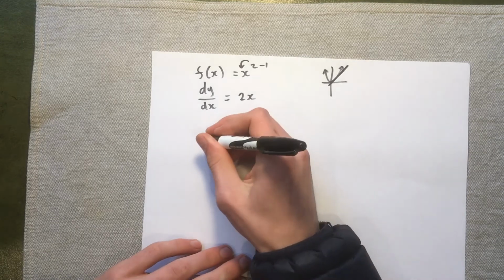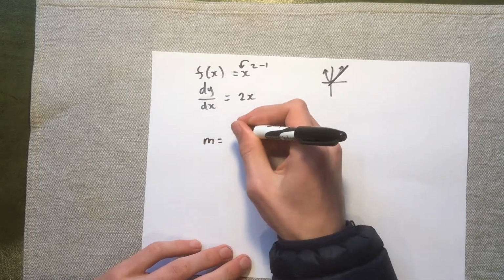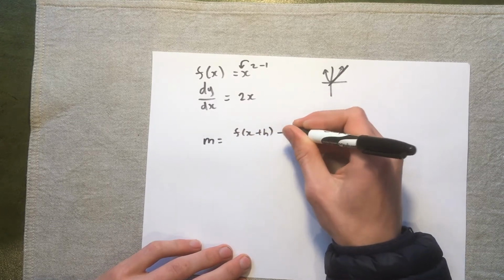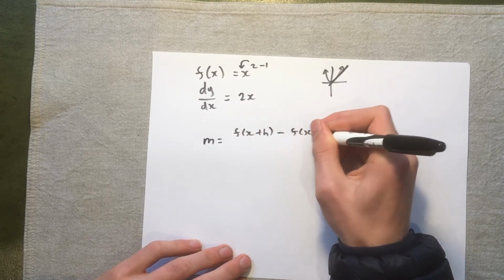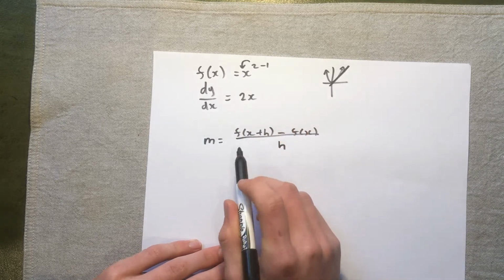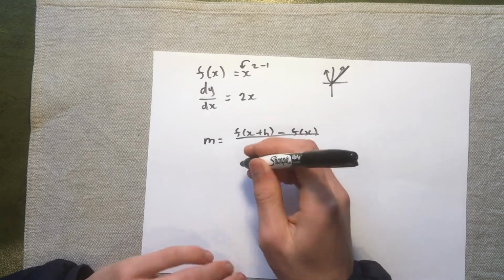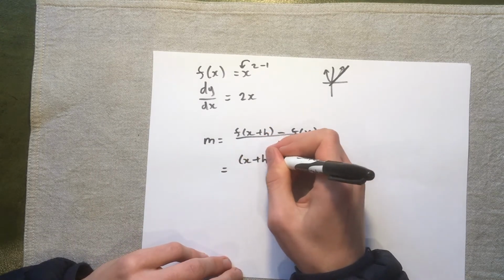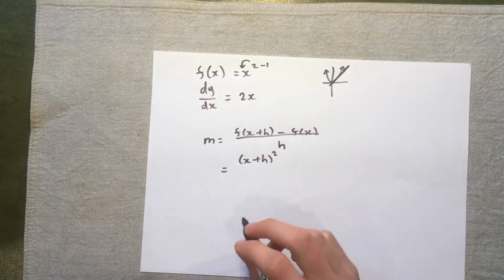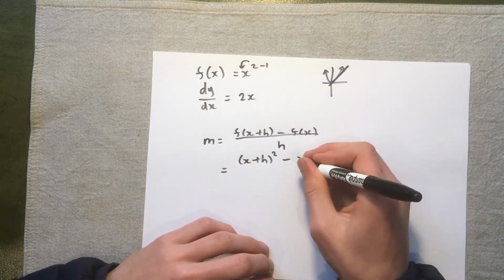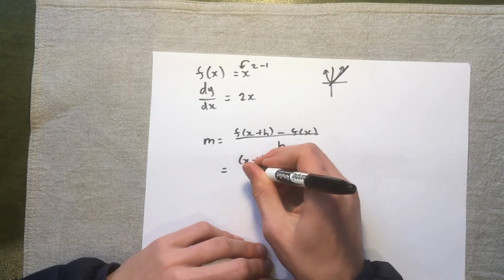Well, we know that the gradient is going to be function x plus h minus function of x divided by h. So if we use our function x squared here, we're going to get x plus h squared. So you replace x with whatever is inside these function brackets, minus f of x, which is just going to be equal to x squared, divided by h.